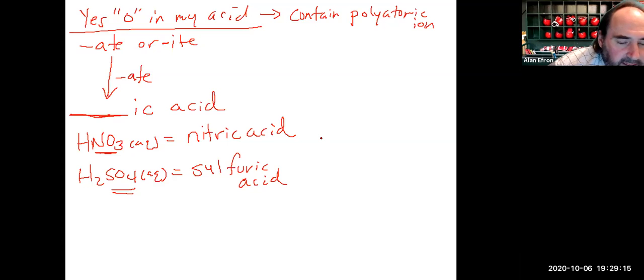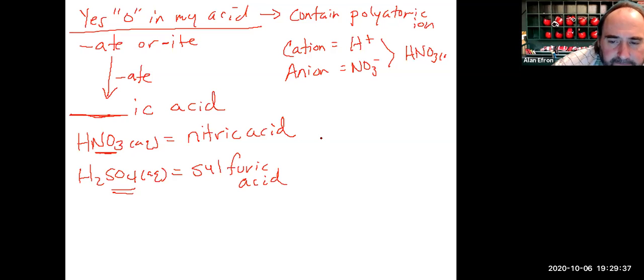Now you may be wondering, why do we have two H's there? Again, as I mentioned before, in each of these cases, the cation is H+, which means in the case of nitrate, the anion is NO3-. So we just need one of each of those to get us to our acid formula.